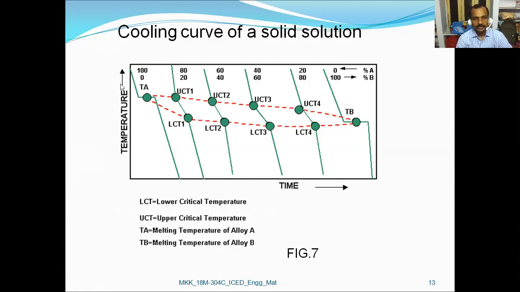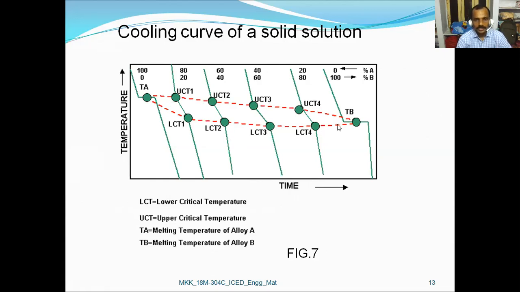The graph is plotted between temperature and time, and at this particular point, LCT1, lower critical temperature 1, and above it upper critical temperature, UCT2, LCT2, UCT3, LCT3, LCT4. Similarly, upper critical temperature 4 and upper critical temperature 3, 2, 1.